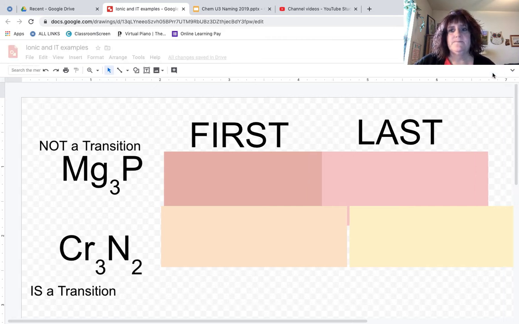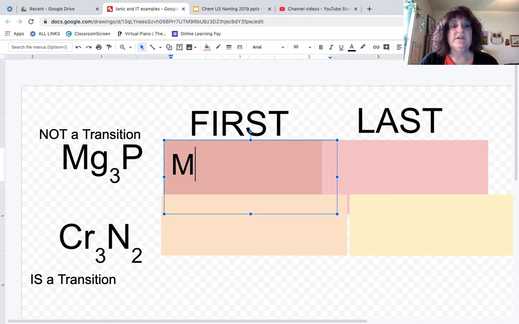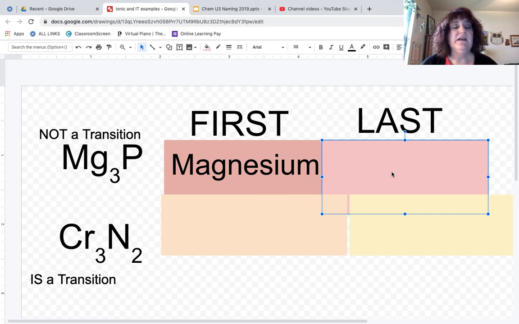First, a non-transition example, Mg3P. Mg is magnesium, right? So we literally type magnesium. You should be able to spell this, okay? The 3 has nothing to do with the name. The last name, in a different colored box over here, is going to be the root of the element, which is phosphorus.